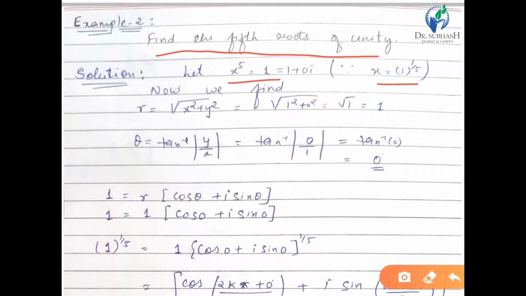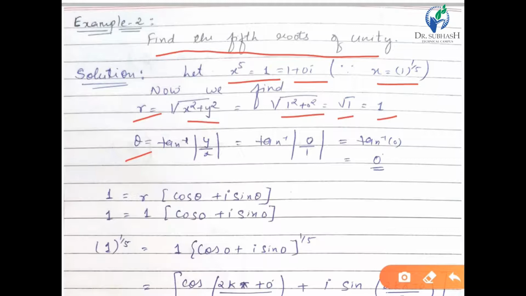Again, 1 can be written as 1 plus 0i. This is for our convenience. First we have to find again r and theta. r is the square root of x square plus y square. Here our x is 1 and y is 0. So root of 1 square plus 0 square, that is root 1, which is equal to 1.